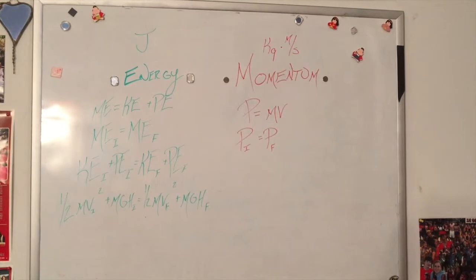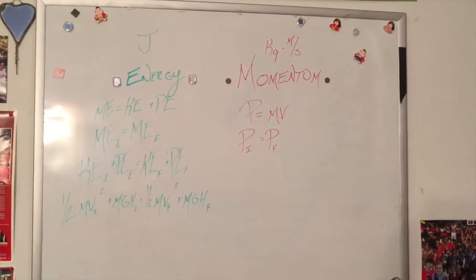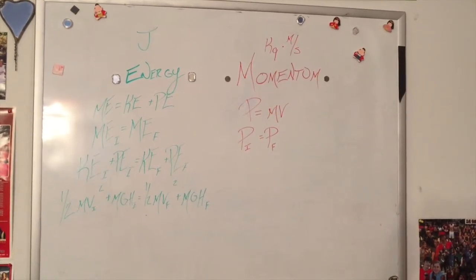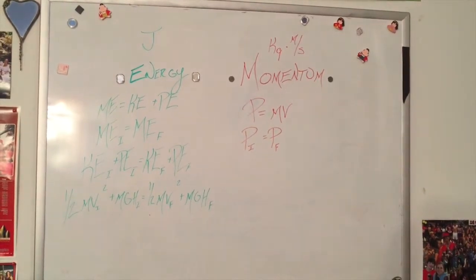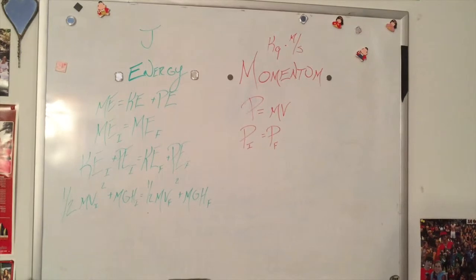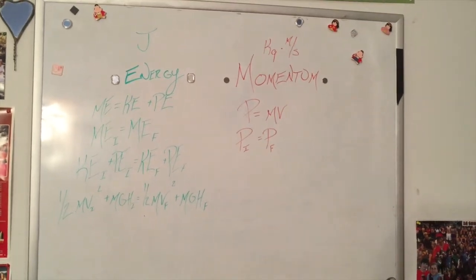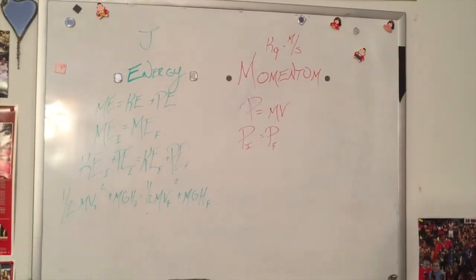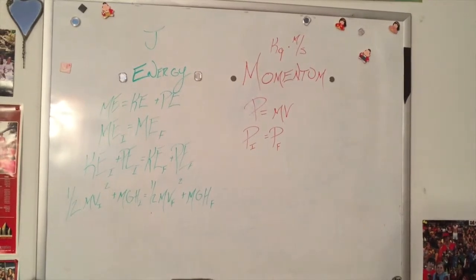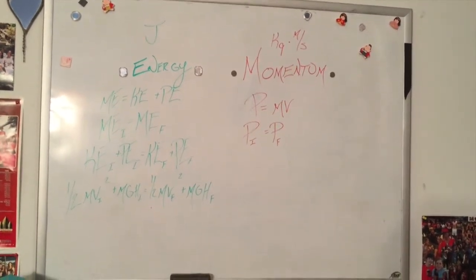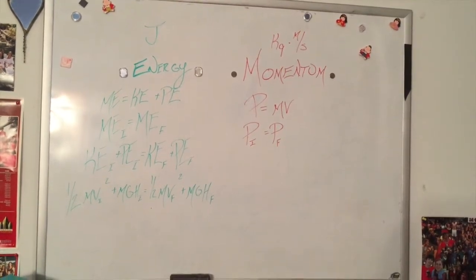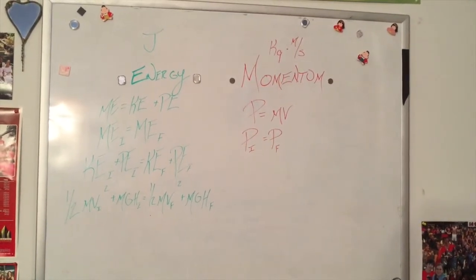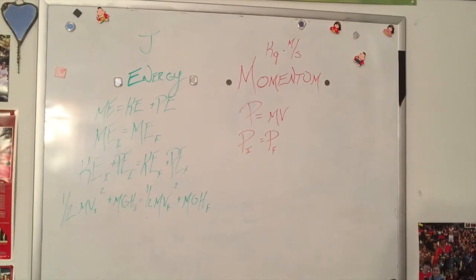It's the conservation. The bottom equation reads 1/2 mass times initial velocity squared plus mass times gravity, which would be 9.8 meters per second squared, times the initial height, equals 1/2 mass times the final velocity squared plus the mass times gravity times the final height.